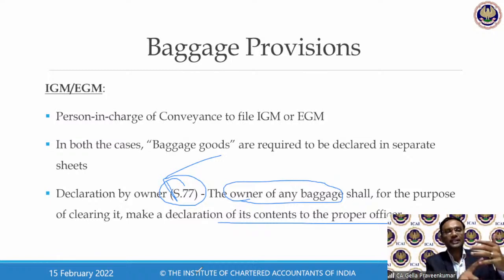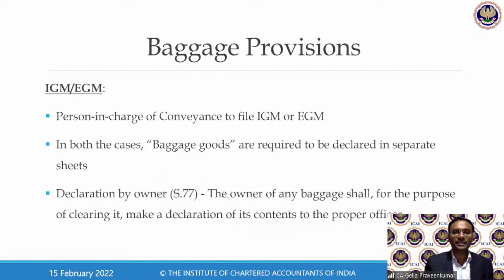There's a custodian, a person in charge of a conveyance or aircraft. This particular person in charge, who happens to be the master of this conveyance or aircraft, will consolidate all the information of passengers, crew members, and goods meant for transportation, right? So let me come back to my Excel file to make you understand this provision.